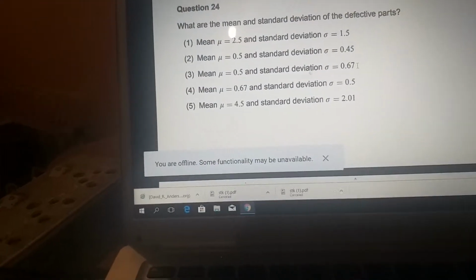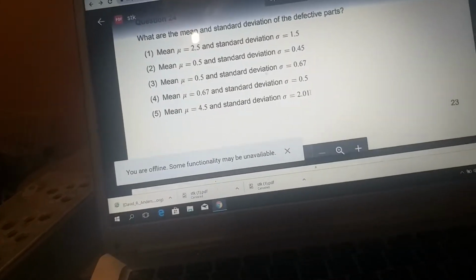So this is the correct answer, number 3 for question 24.